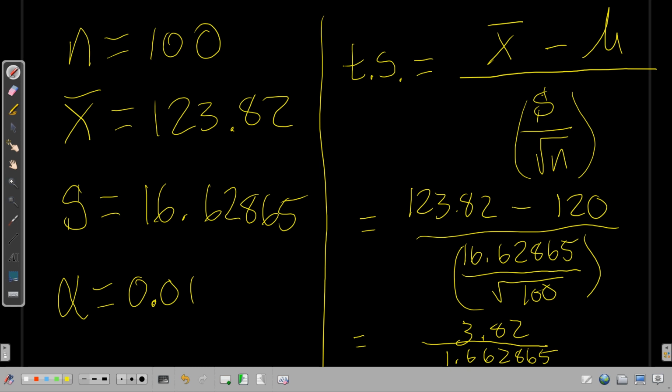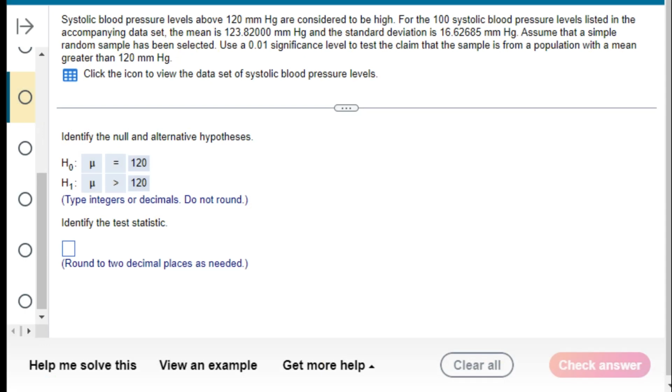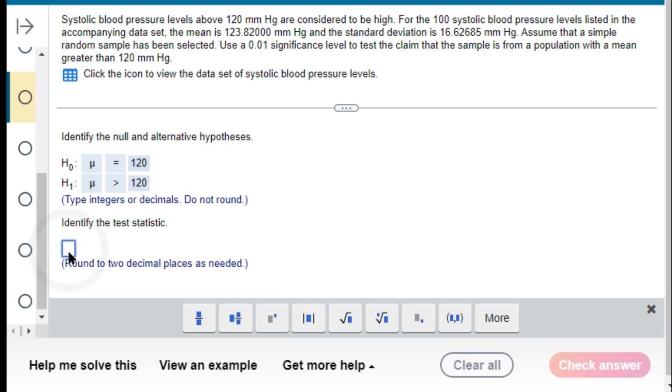Then this is what I should calculate: 3.82 divided by 1.662865. And I get 2.297. But they want me to round to 2 decimal places. So my 2.297 would become 2.30.